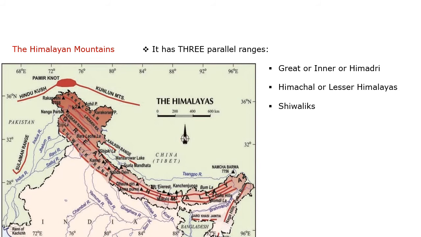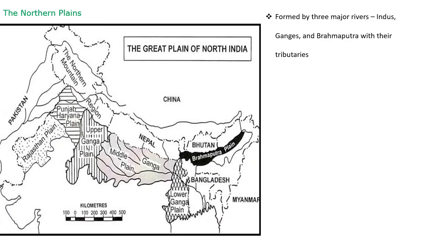Shivaliks is famous for dunes, for example, Dehradun, Kotli Dun and also Patli Dun. Besides the parallel divisions, we also have longitudinal divisions from west to east. But in this video we are not going in depth on this; we just gave a glance at these three parallel ranges. And next what we are going to read is about the northern plains.